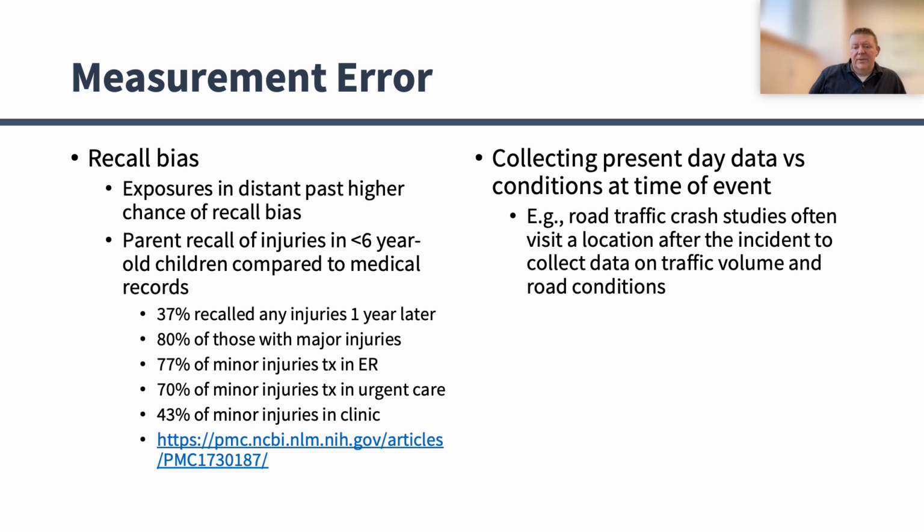Overall, only 37% recalled any injuries 1 year later. Those with more severe injuries had a bit higher recall, but even then, for those with major injuries, only 80% of them recalled their child's injury. The other 20% did not recall that injury happening. That's a pretty substantial amount if you think about the impact that could have on the way we're examining our outcome and exposure.